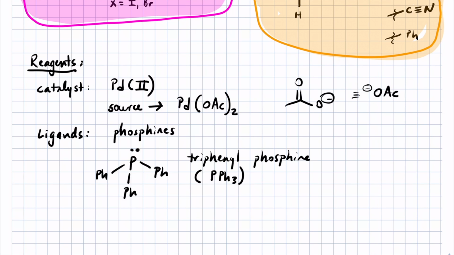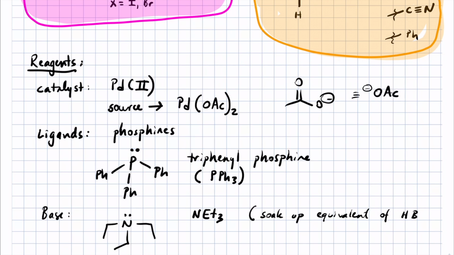And then finally, you need a base. I'll show you why you need the base in a little bit, but the base we're going to use is triethylamine. This is a sterically hindered non-nucleophilic base, and it is present to soak up the equivalent of HBr that we make in this process.